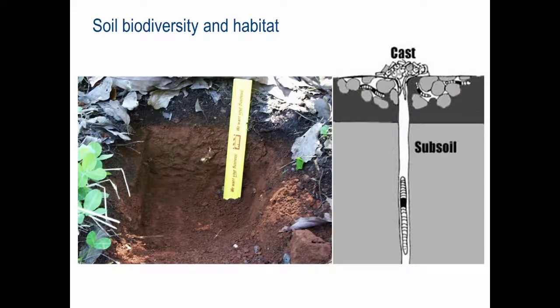Clearly, soils provide a very significant biodiversity and habitat. And here's an example of an avocado orchard. This is fairly old work, but I thought it was quite pertinent to this particular seminar. One of our collaborators has got an avocado orchard, and you can see here a very distinct layer between the A horizon and the organic horizon.